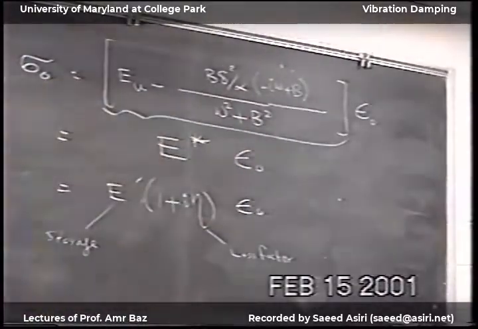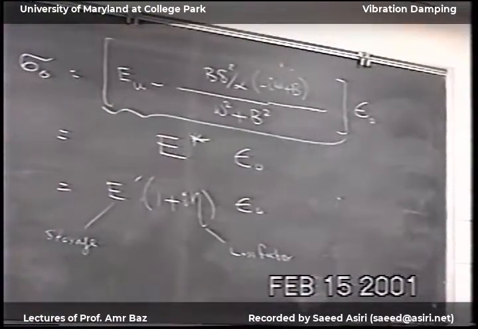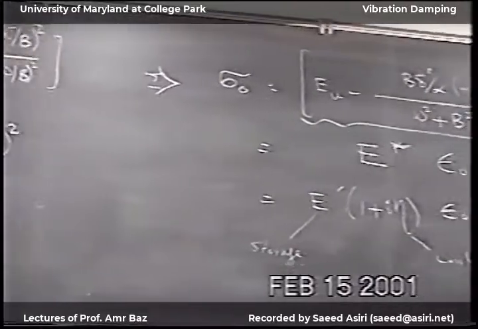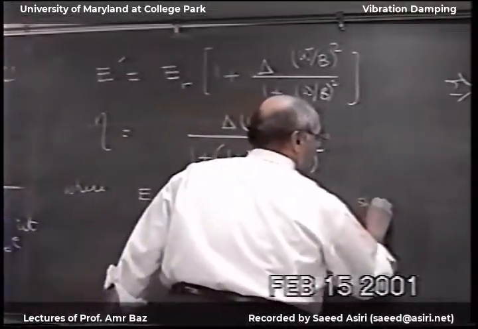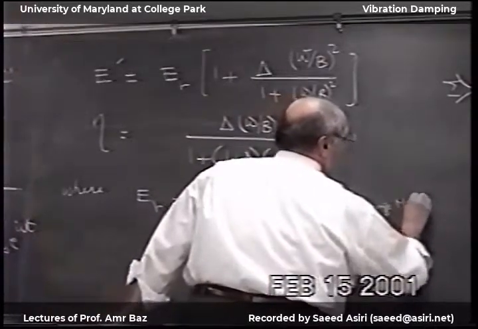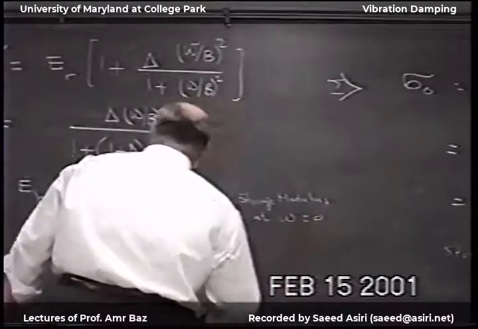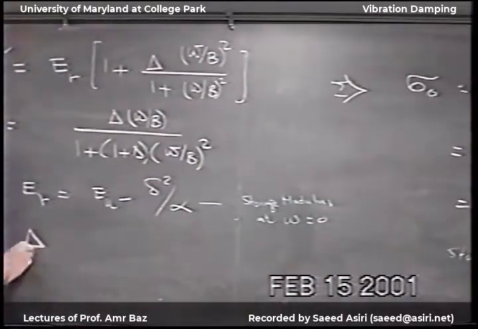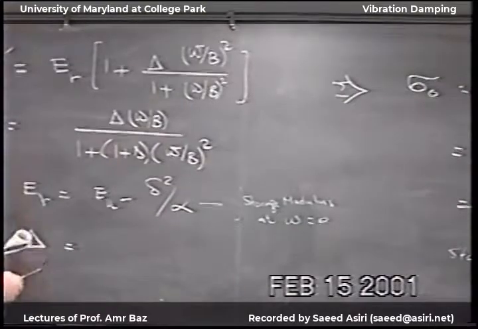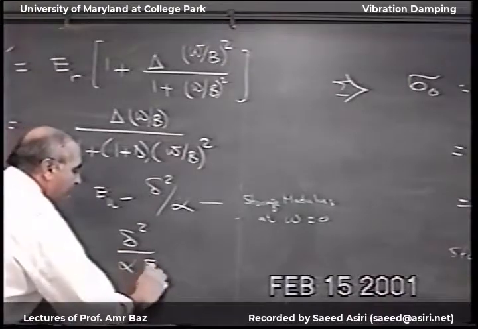So this is in effect the storage modulus at frequency omega equal to 0. Then the second term that we defined is delta, and this delta will equal delta squared alpha over ER.